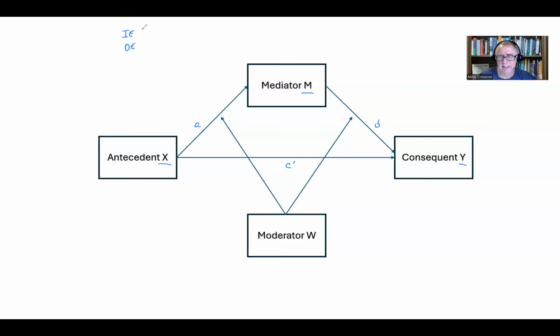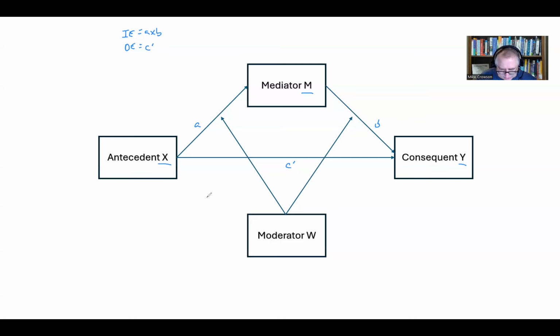The indirect effect is computed as a product of paths A and B, and the direct effect is essentially C prime. So in the traditional mediation triangle, we can break down the total effect of X on Y into an indirect effect and a direct effect.